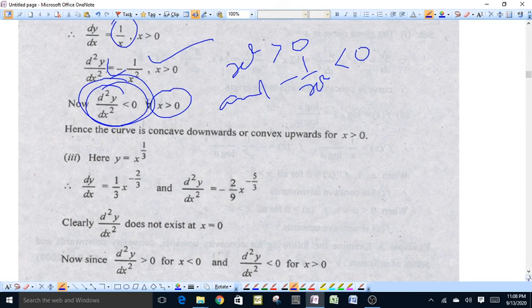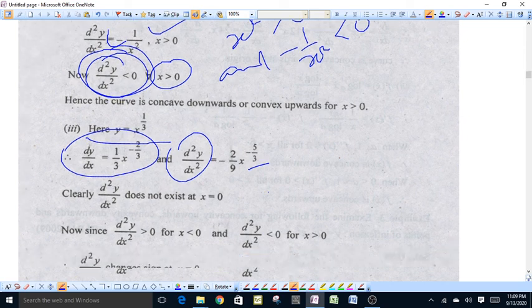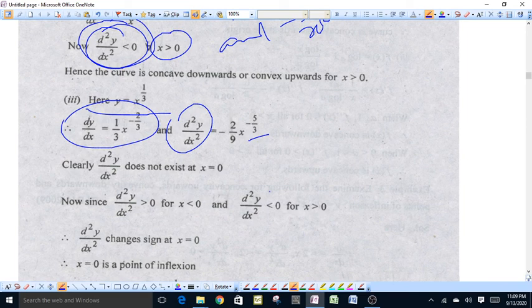Let us take another example. y = x^(1/3). The first order derivative dy/dx is equal to (1/3) x^(-2/3), and d2y/dx2 is equal to -(2/9) x^(-5/3). Clearly, d2y/dx2 does not exist at x = 0, because d2y/dx2 = -(2/9) x^(-5/3).